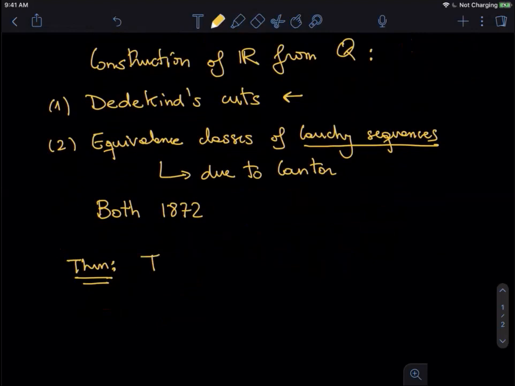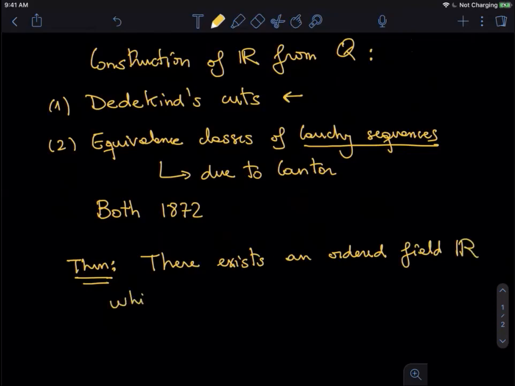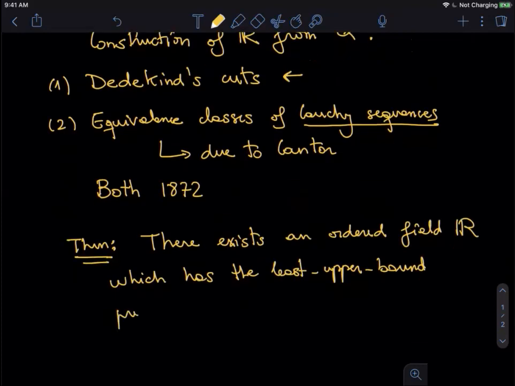The theorem says that there exists an ordered field R, okay, which has the least upper bound property. Okay, this is the field of the real numbers, and there's a second part.